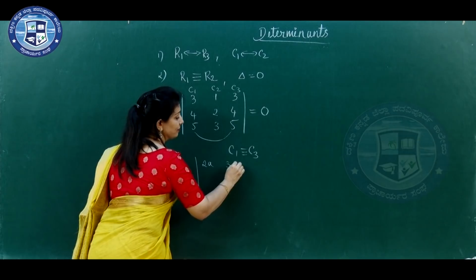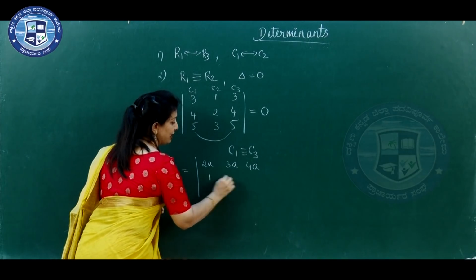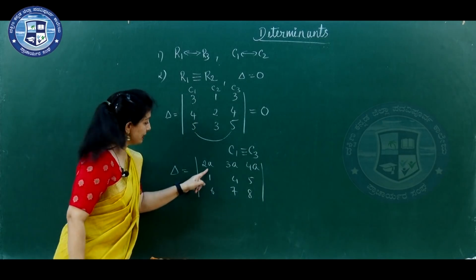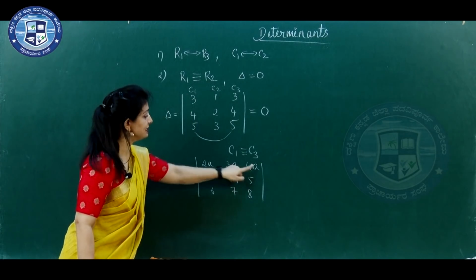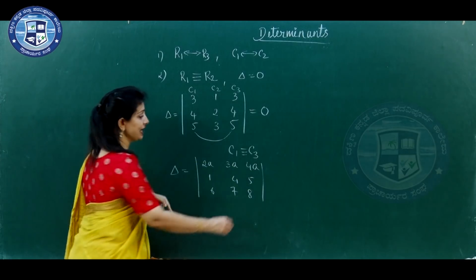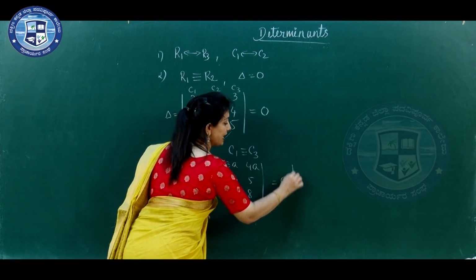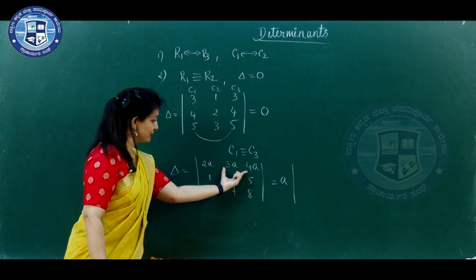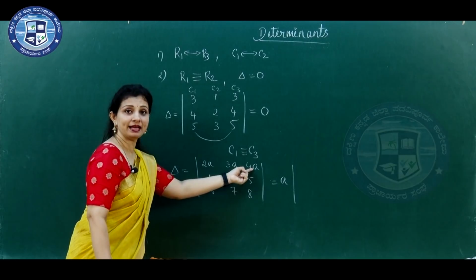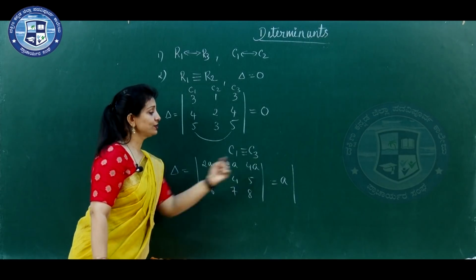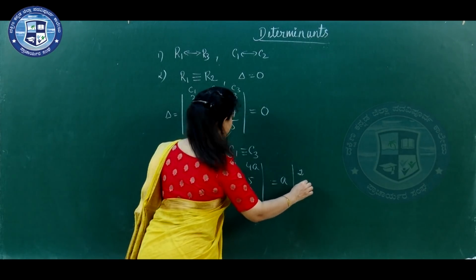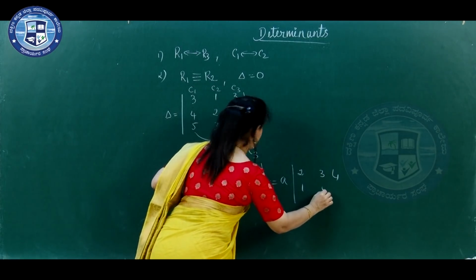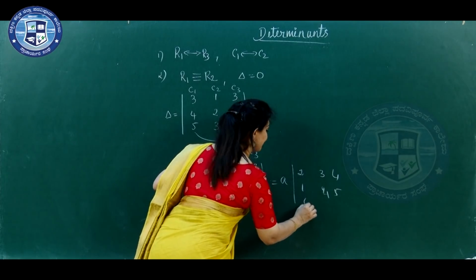2a, 3a, 4a in the first row, then 1, 4, 5, and 6, 7, 8. Look at that: in the first row each element is multiplied by a. So this a can be taken out, and we can write this as a times the determinant with first row 2, 3, 4, and the remaining rows 1, 4, 5 and 6, 7, 8.